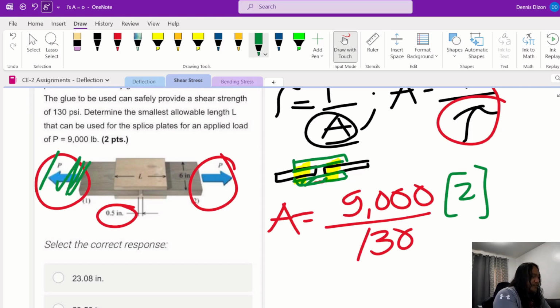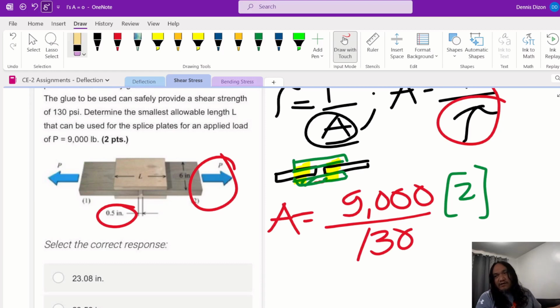If this is just a support, if this is attached to a wall, then this P will be just a reaction. But in this case, the P on the left side is also an applied force. So therefore, our area required is 9,000 times 2 divided by 130.